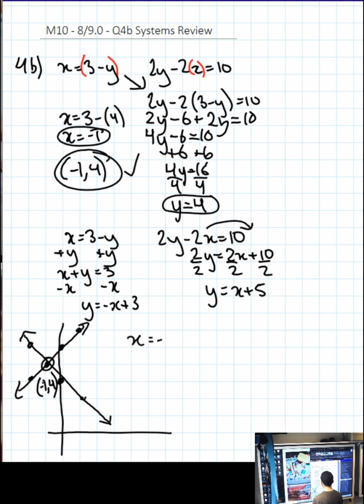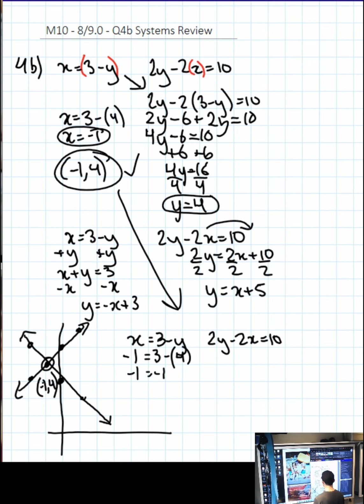X equals 3 minus y, and 2y minus 2x equals 10. So let's take the intersection, negative 1, 4, and substitute for x and y. So we have an x of negative 1 and a y of 4. Negative 1 equals 3 minus 4 is negative 1, check mark.